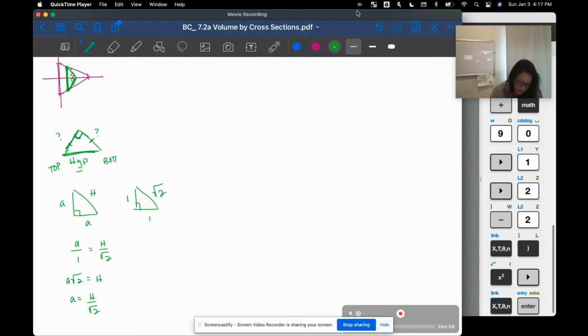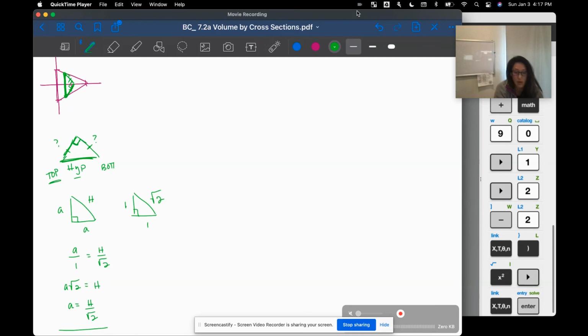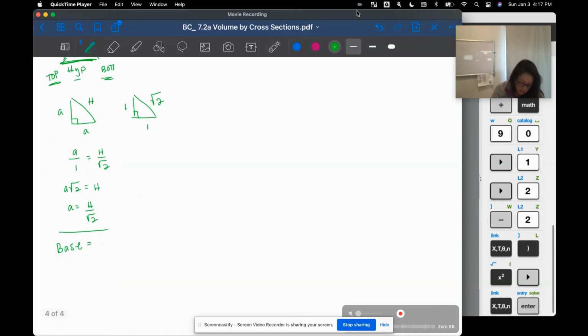Right? Next up, we need to figure out what the base value is. So I know that the hypotenuse is equal to the top curve minus the bottom curve. So this should be equal to, let's just rewrite it, 2 minus x over root 2. So we use proportions to help us.